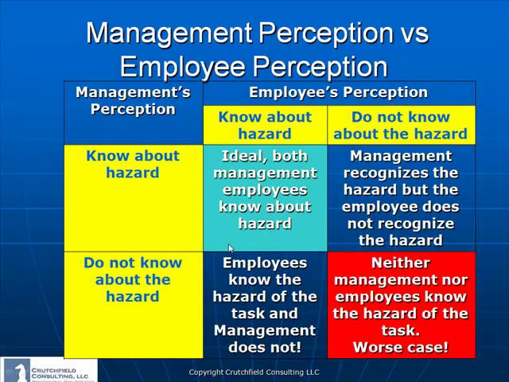In each workshop involving employees and supervision, it's very interesting to see the management perception versus the employee perception. Almost 100% of the time we find that what management thought was a low risk, employees might have identified as a high risk.